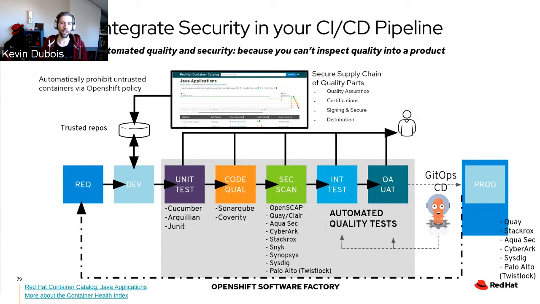So in terms of OpenSCAP, that's easy because it's purely an open source community project. You can use Quay with its container scanning, thanks to the Declarative component. You can use any of our partners like Aquasec, CyberArk, StackRox, which I guess is not quite a partner anymore.